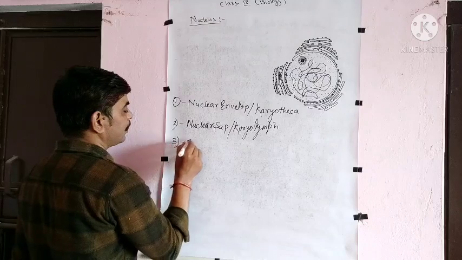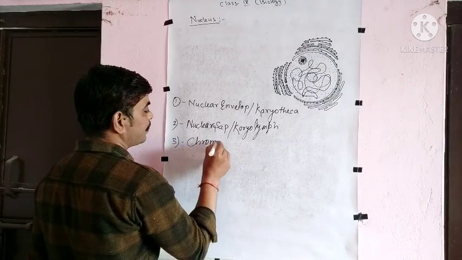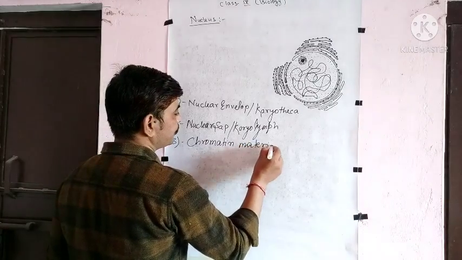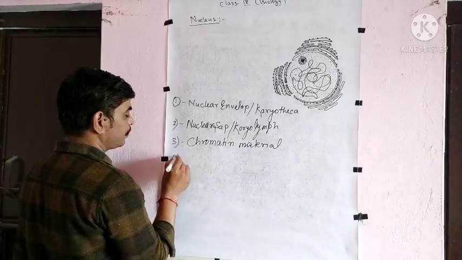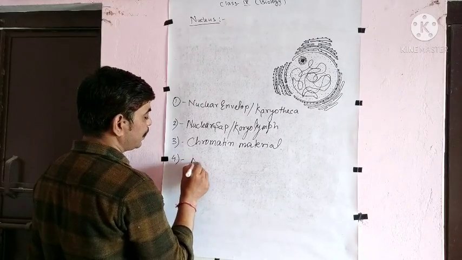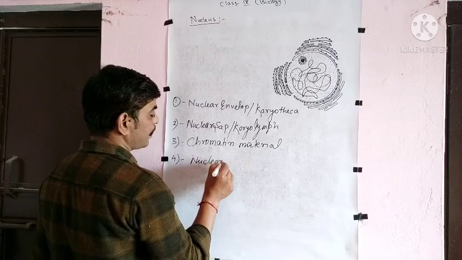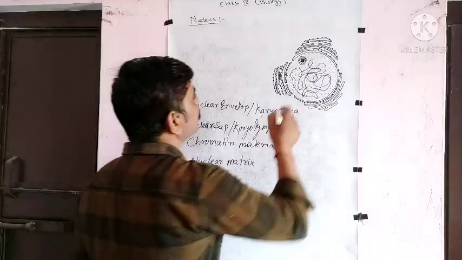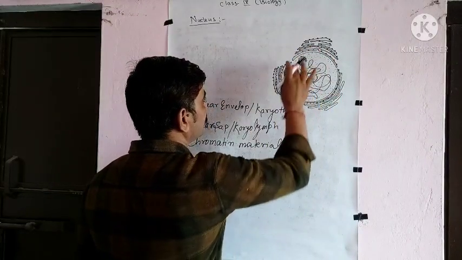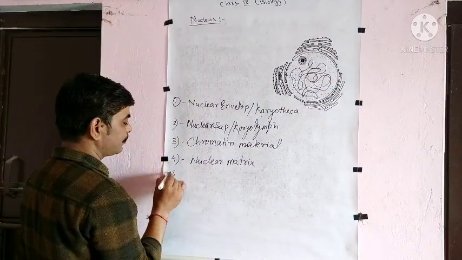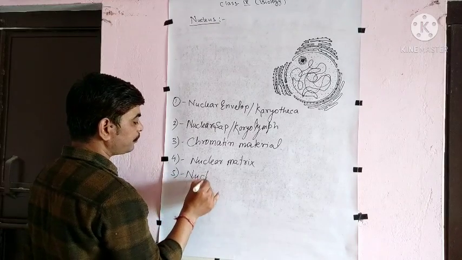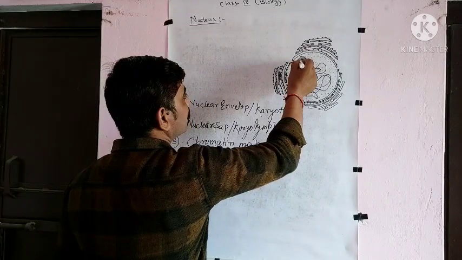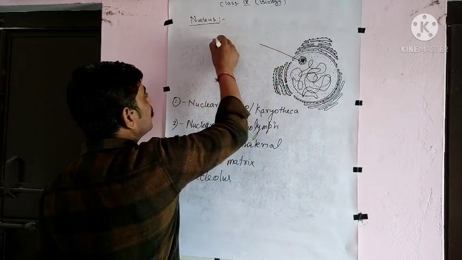Third is chromatin material. Fourth is nuclear matrix. See here, this inner membrane, this is one more, that is the nucleolus. Okay, this is nucleolus.